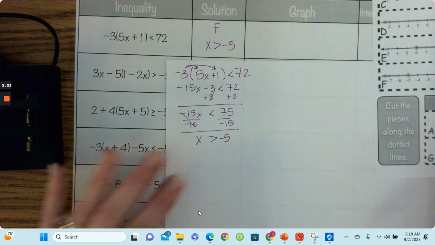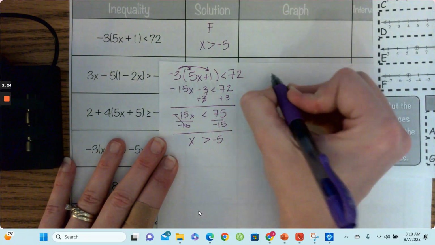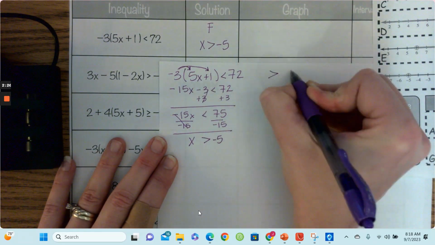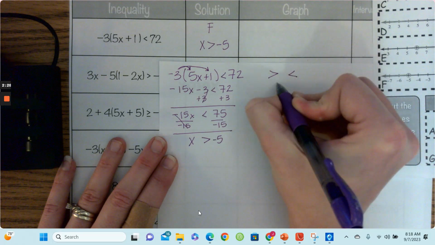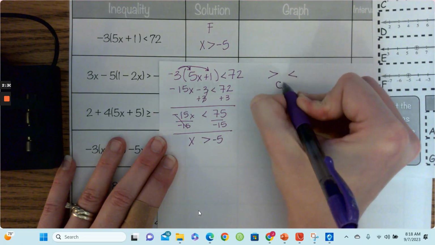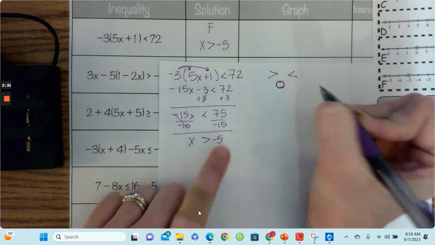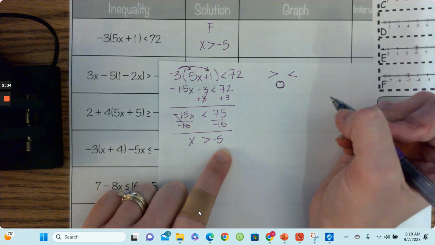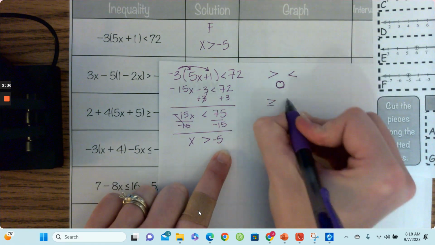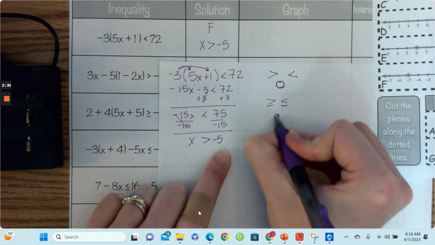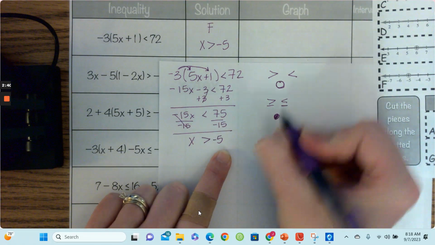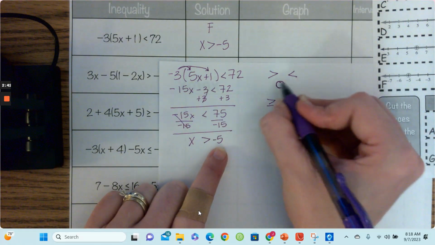On a graph, if we have greater than or less than, we're going to have an open circle at -5. If it's got the line underneath it, it's going to be a closed circle. So we need to find a graph that has an open circle at -5.